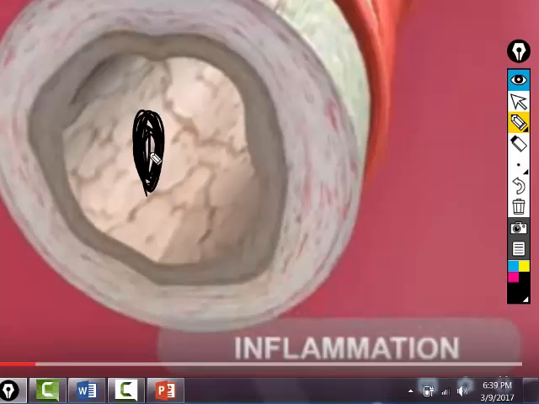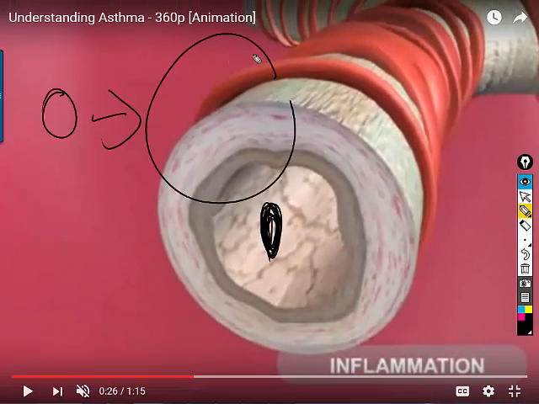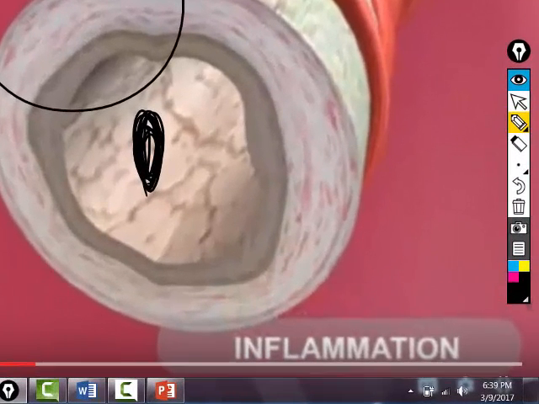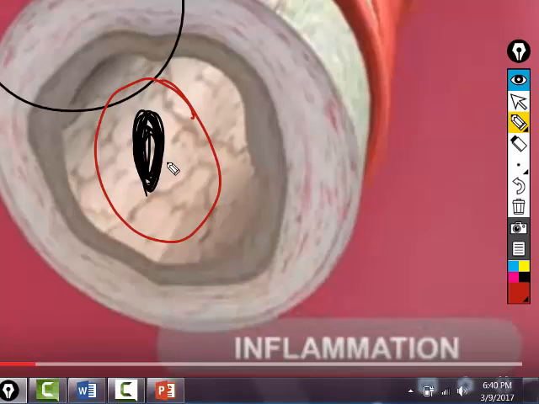And what's the primary function of the immune system? To produce inflammation. And how you produce inflammation is by causing massive arterial vasodilation. So what's going to happen to all of the blood vessels in the lining of my respiratory tract? It's going to dilate. So what's going to happen to the lumen, the hole? It's going to get smaller.